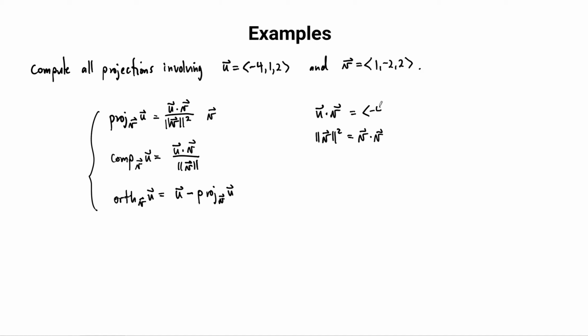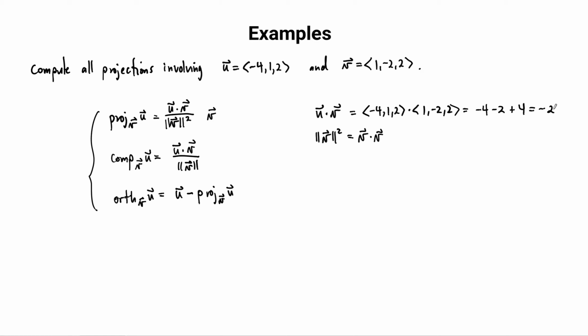u dot v is (-4, 1, 2) dotted with (1, -2, 2). And of course, the dot product just goes component by component, add them up. So this is -4 minus 2 plus 4, which is -2.